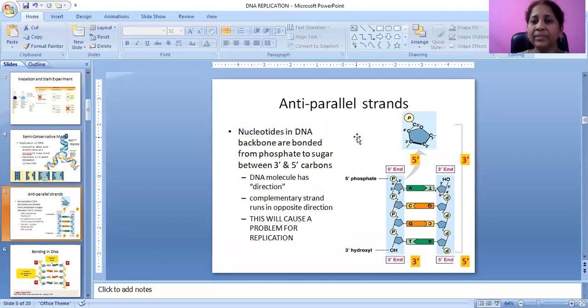Anti-parallel strands are very important in DNA replication. Nucleotides in the DNA backbone are bonded from phosphate to sugar between 3' and 5' carbons. A DNA molecule has a direction, and the complementary strand runs in the opposite direction. This is 5' to 3', and this is 3' to 5'.